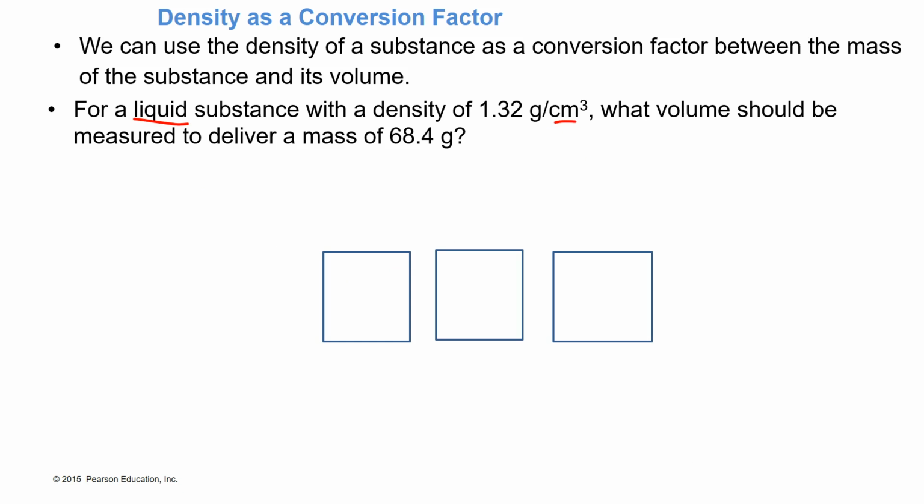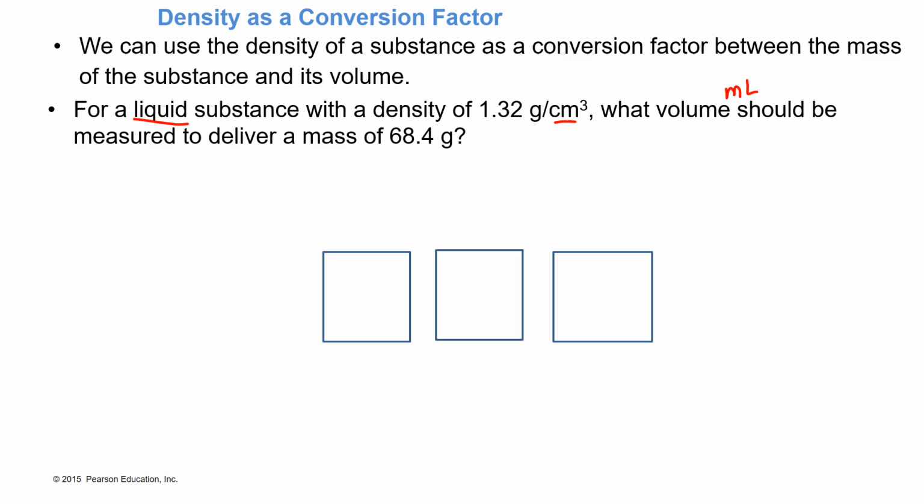So for me, if I'm measuring a liquid volume, centimeters cubed is not going to be a good volume. I'm going to use milliliters in the end. So not only am I trying to go from grams to a volume measurement, I'm also going to go from one type of volume measurement to another.